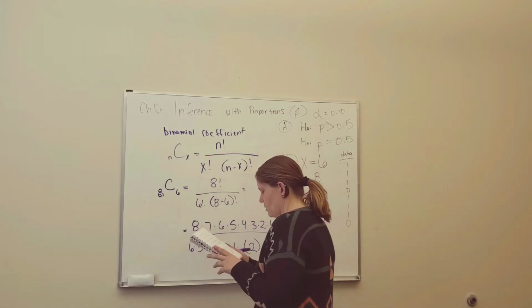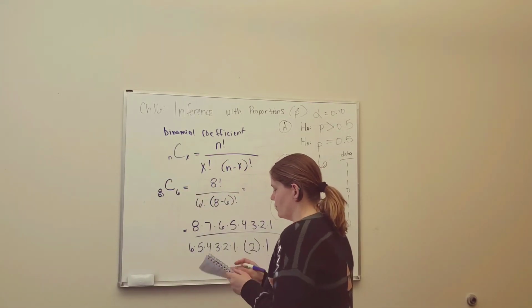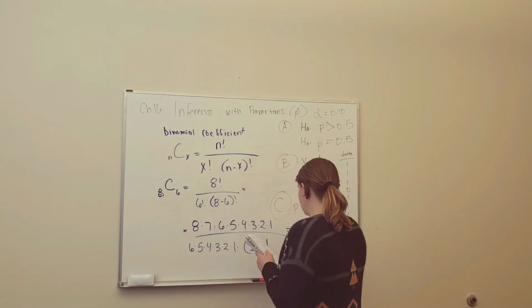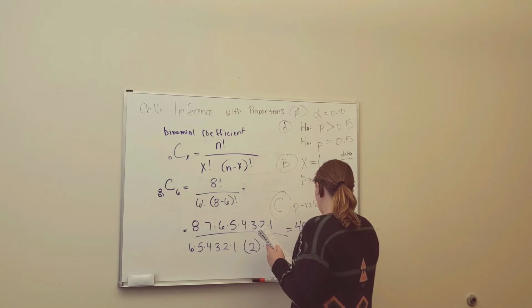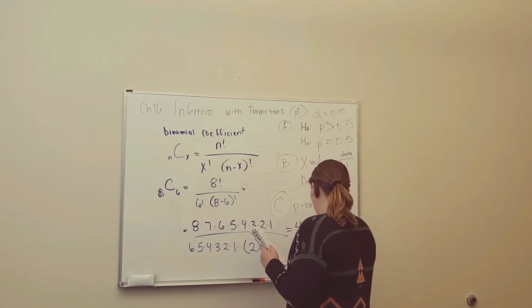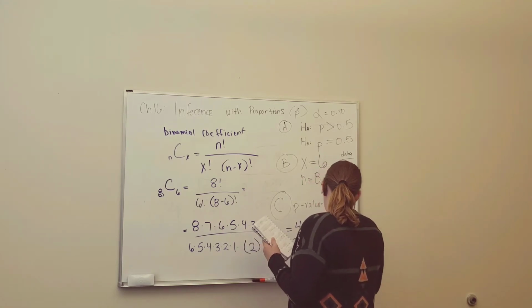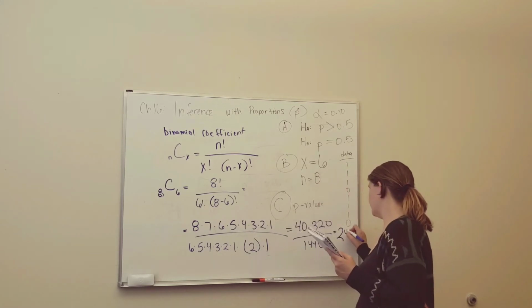Multiply those together, and we get 40,320 divided by 1,440, which equals 28.